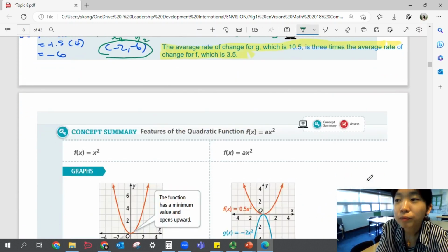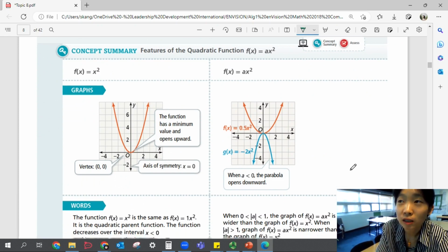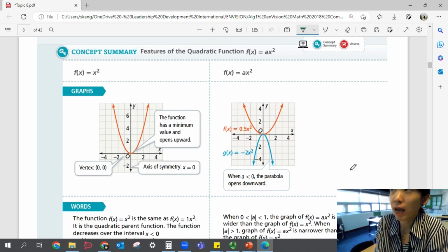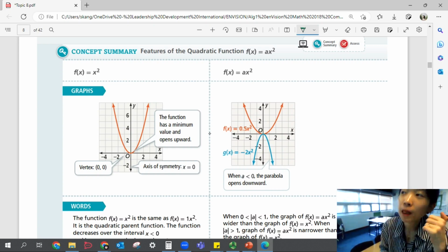Great job going through your first lesson of topic 8. Let's summarize our lesson. So the features of quadratic function f of x equals ax squared is that when a is positive, and it's less than 1 and greater than 0, then the graph gets wider, right?